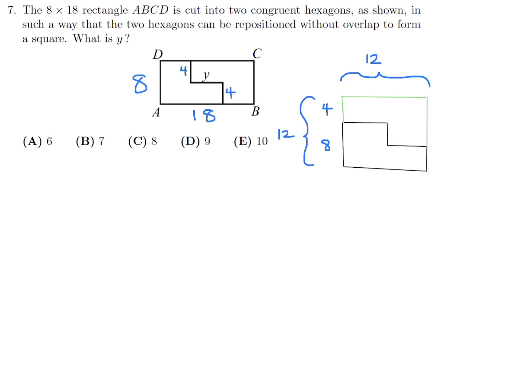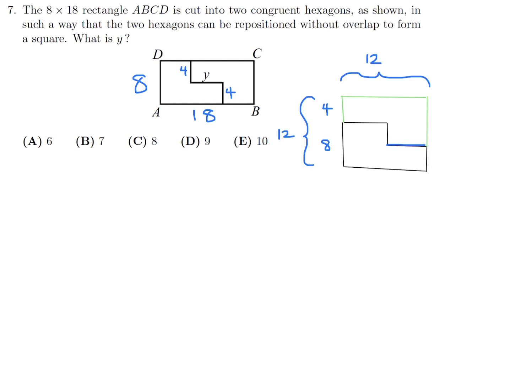And then in a very similar way, when you repositioned it, this had to sit on top of this. So they had to be equal. And what that essentially means is that this has to be the same as this right here. And this has to fit on top of that.